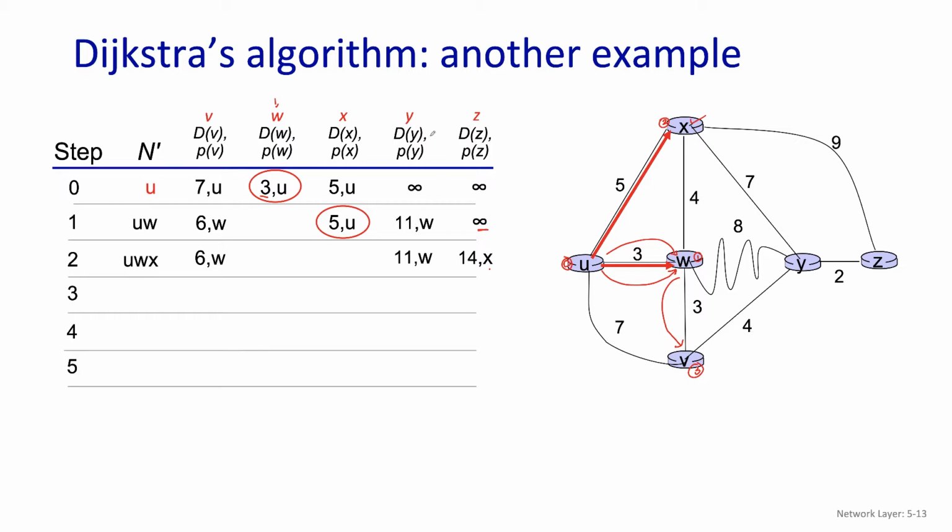So I can arrive to Y with the value of 10. So here is less. Therefore, I'm going to update it now. As you can see, I already updated here to be 10, right? Because 3 plus 3 plus 4 is going to be 10. And since I have no direct access to Z, I don't need to update it, right?